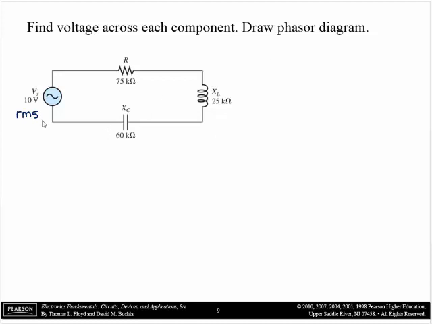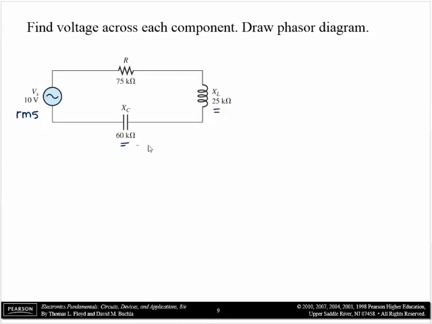They don't tell us what frequency this problem is at, but instead they've already computed the reactances. So at whatever frequency this circuit is running at, XC is 60k ohms and XL is 25k ohms. And I have a resistor here that's 75k ohms. So just looking at this, is this circuit more capacitive or inductive?